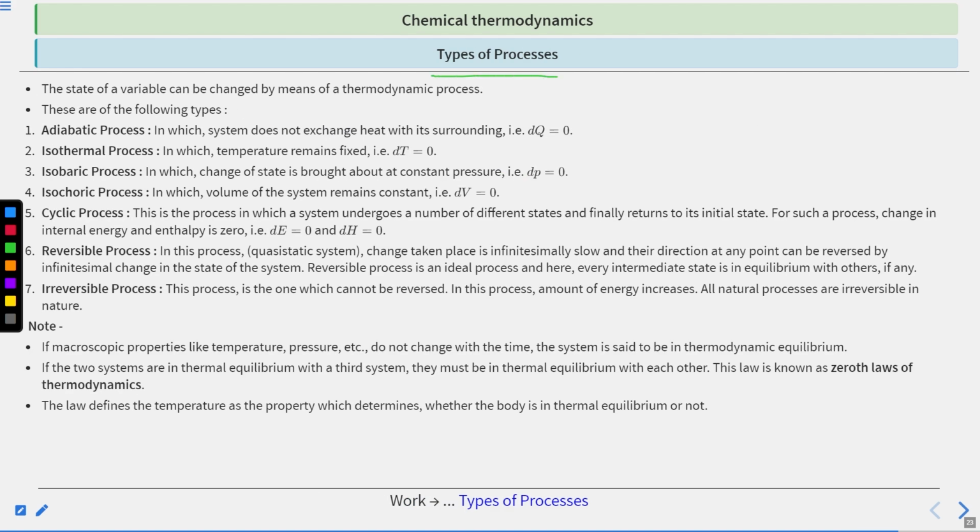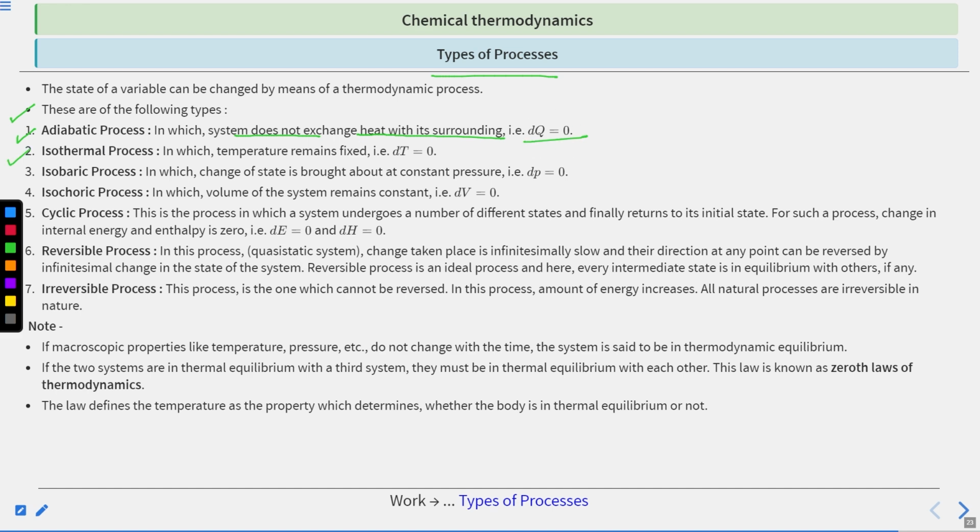Types of processes. The state of a variable can be changed by means of a thermodynamic process, and these are the following types. First, adiabatic process, in which the system does not exchange heat with its surroundings, that is, dQ is 0.